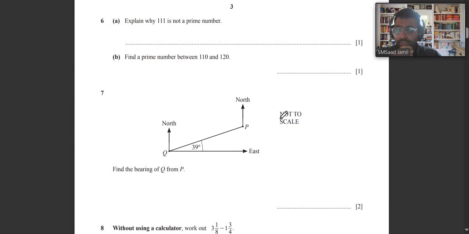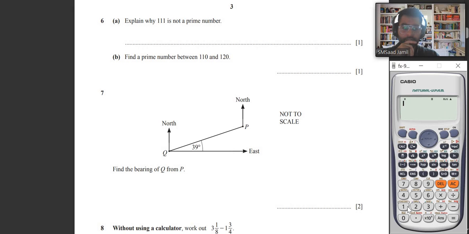Now in question 6 it says explain why 111 is not a prime number. Look, a prime number is a number that can be divided by the number itself or by 1. Like, they have two factors, 1 and the number itself. But if you look at 111, 111 can be divided by 3 and 111 can also be divided by 37.